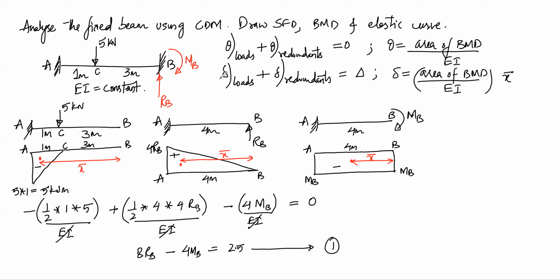Now we can apply the second compatibility equation for each of the BMD, and we know it is area of BMD into centroidal distance. So for the first BMD, this will be minus half into base into height divided by EI, and the centroidal distance will be 2/3 of 1 plus 3 meters.